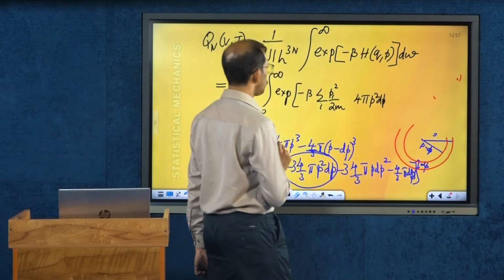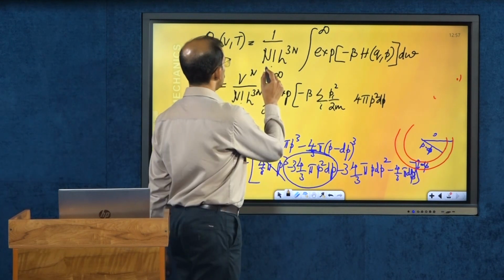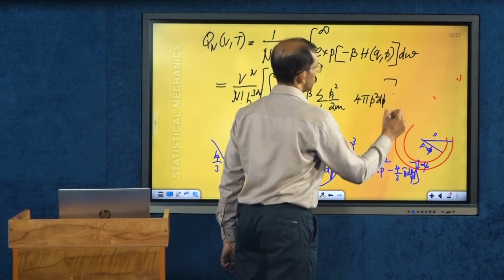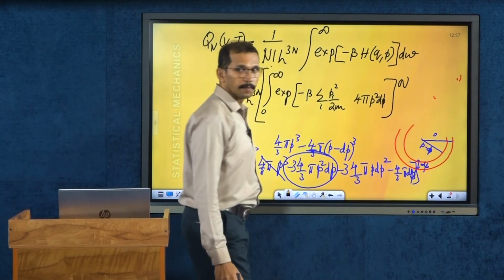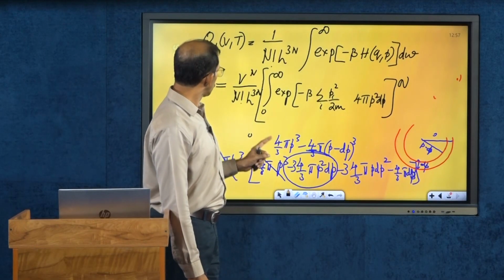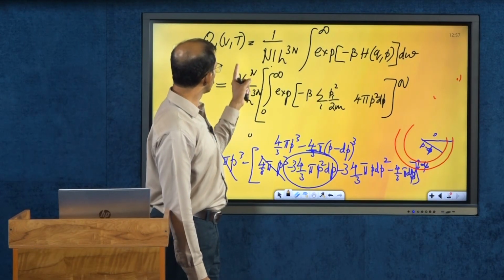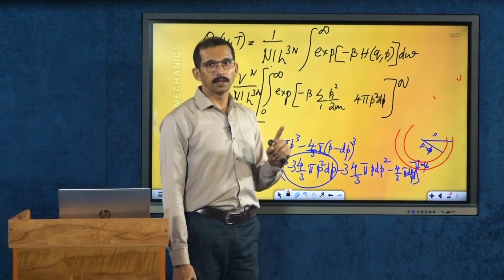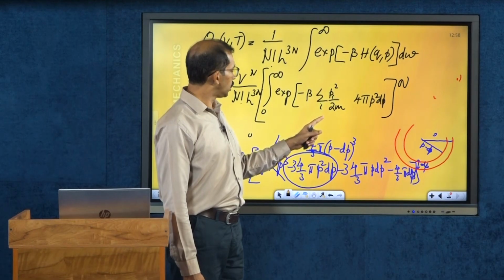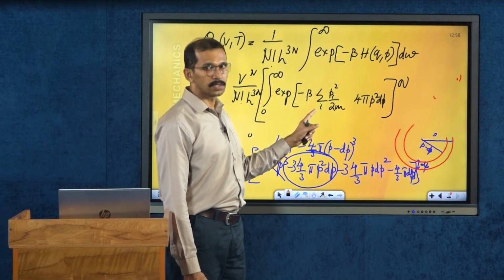For 4 pi p squared dp, and the whole thing raised to n. So this is the expression now for the Q_N V T for the 3D ideal gas, and then we need to do this integral.